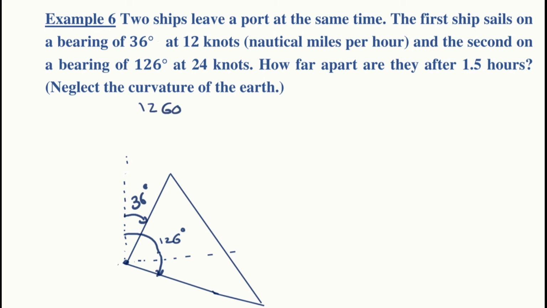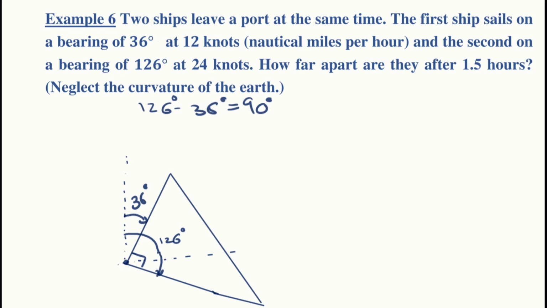So 126 degrees minus 36 degrees is 90 degrees, which is helpful because so far we only know how to handle right triangles. This is just good practice for us.